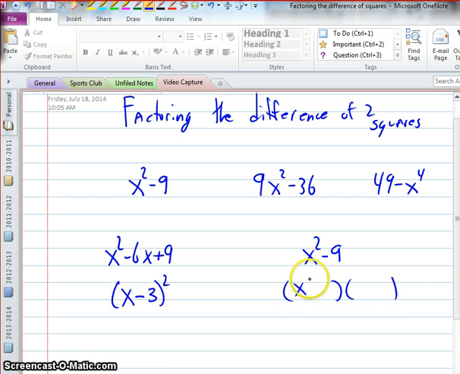So they look very similar, x and x, 3 and 3, but one's got a positive and one's got a negative. So square roots of the first terms in the first, square roots of the second terms in the last. One's positive and one's negative, and you notice when you do the FOIL, the outside and the inside parts of the FOIL are going to cancel out, and that's why it equals just a binomial and not the typical trinomial.